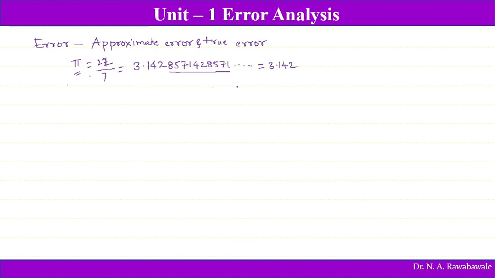Now we have to study the difference between the approximate error and true error. The relation between the true value and approximate value is nothing but the error. So the error is defined as the difference between a true value and an approximate value.